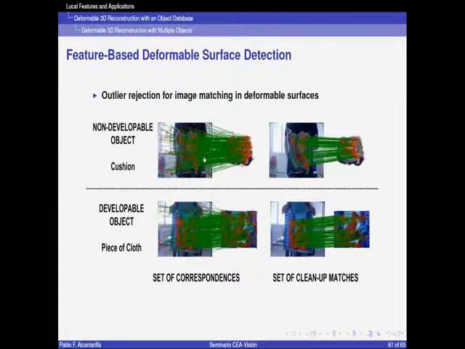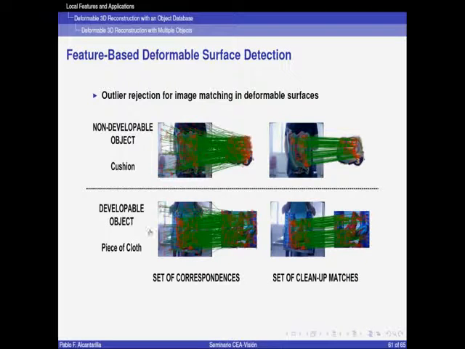We can observe that there are many erroneous correspondences, but then after running the outlier rejection algorithm, we have a set of clean matches from which we can reliably compute the thin plate spline warp to capture the deformation properly. And the second example at the bottom is for a developable object.